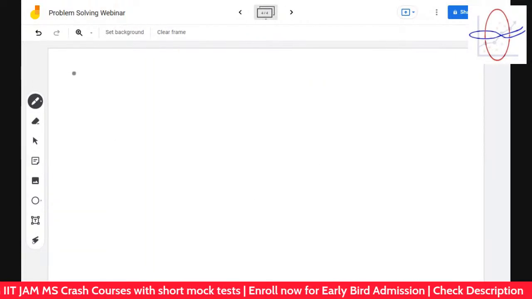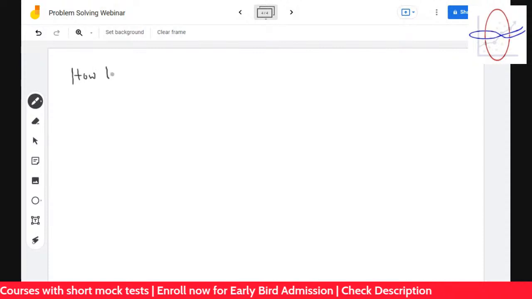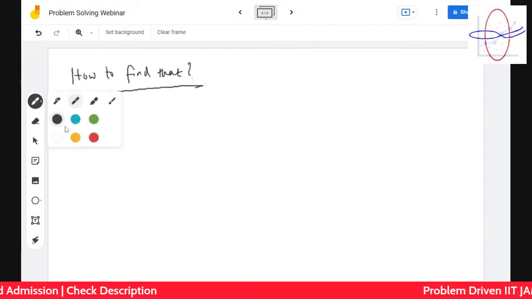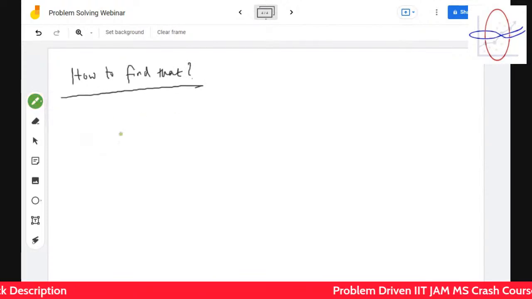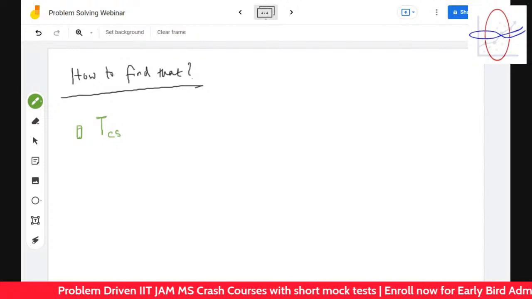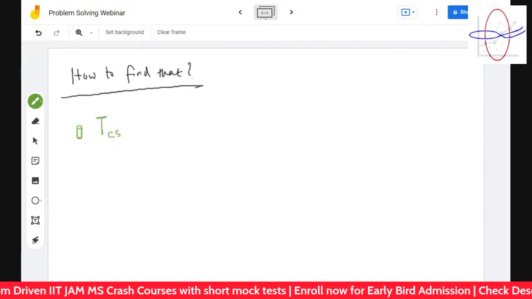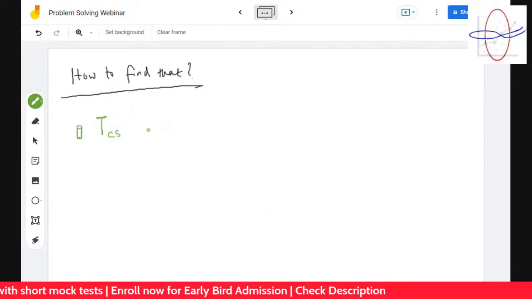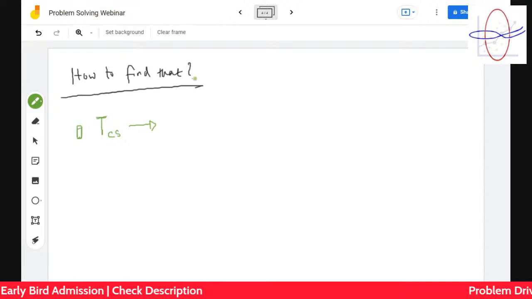So how to find that U? That is given by the Rao-Blackwell theorem. So there are two ways to find a U. You find the T_CS, the complete sufficient statistic, and you know the behavior of T_CS.